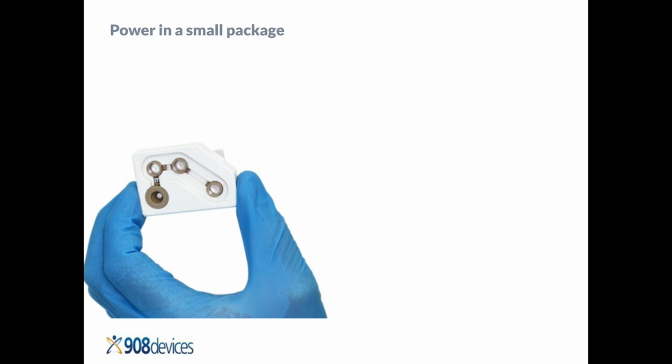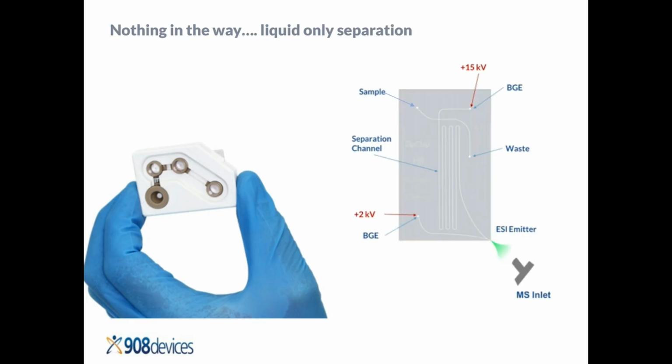The heart of the technology is inside of the box itself in the ZipChip. All of the separation takes place on this chip itself. So what is it? It's a liquid-only microfluidic separation on a glass chip about the size of a microscope slide. We take this glass chip and we etch a microfluidic channel onto the chip itself, through which our analytes migrate in a positive electrophoretic direction directly into the MS inlet through an ESI emitter that is integrated directly into the corner of the chip.